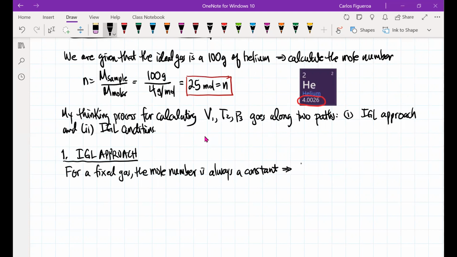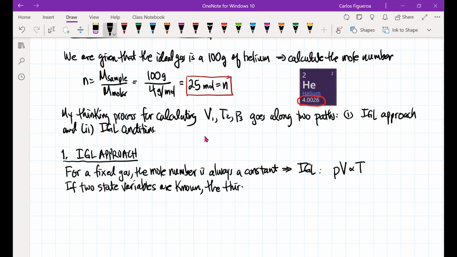So the ideal gas law really says that the pressure times the volume is proportional to the temperature. So if two state variables are known, the third can be solved for. In other words, if I have P1 and T1, then it allows me to calculate V1.